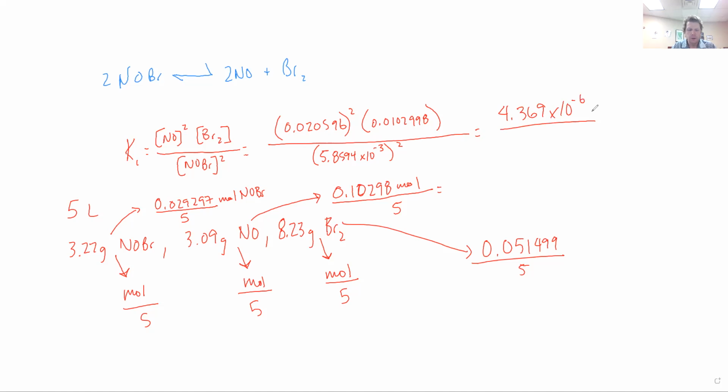Divided by 5.8594 to the negative 3rd, squared, I get 3.433 times 10 to the negative 5th.